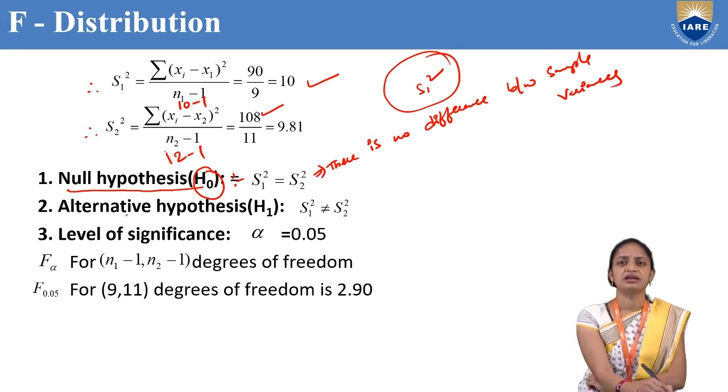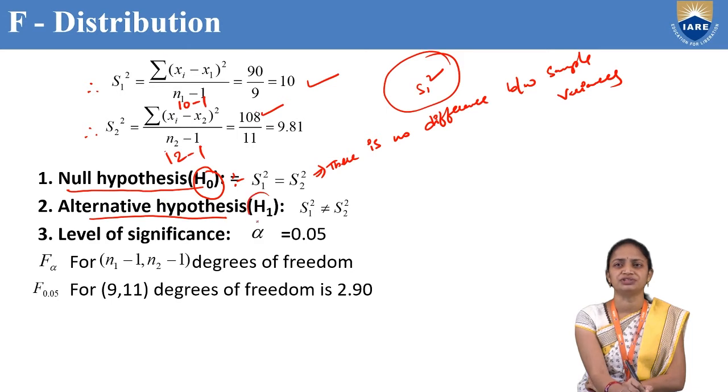Like that, the alternative hypothesis is denoted with H1. So what is the meaning of the alternative hypothesis? Alternative hypothesis is nothing but opposite to the null hypothesis. So here I am taking s1 square equal to s2 square in the null hypothesis, so in the alternative hypothesis, we need to take s1 square not equal to s2 square.